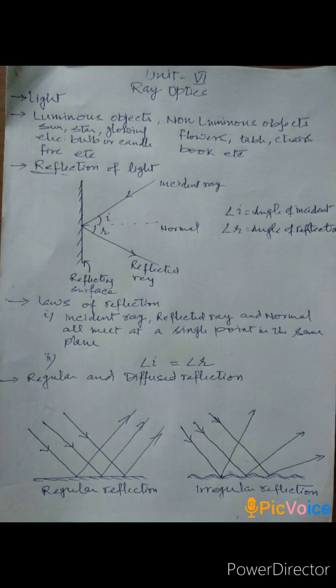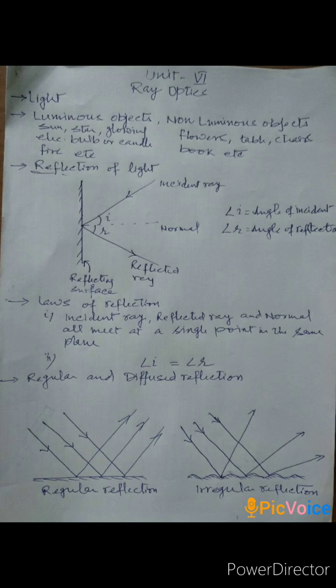Light. Light is a form of energy. And the bodies used in optics are luminous bodies and non-luminous bodies.